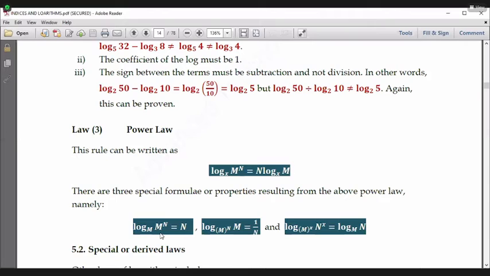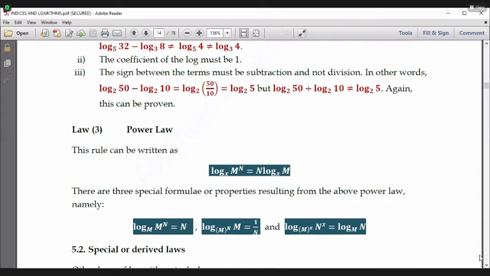This is extended from the basic or fundamental laws. We talk about special or derived laws.